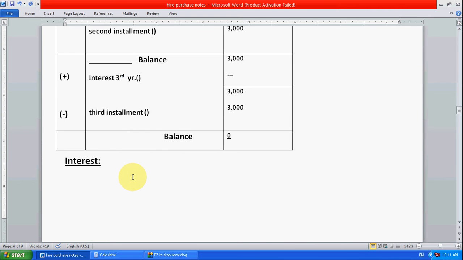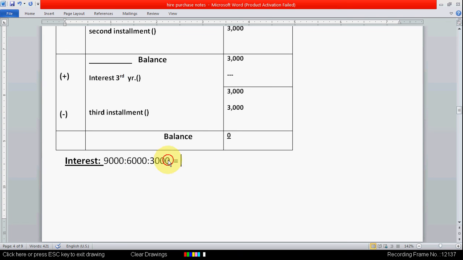So right here 9,000 into 6,000 into 3,000, in the ratio. So what we have to do is deduct the common zeros.